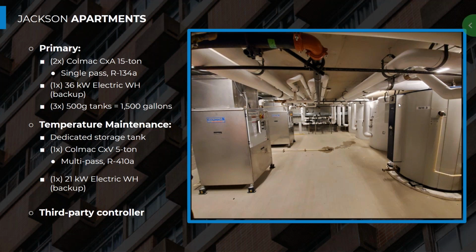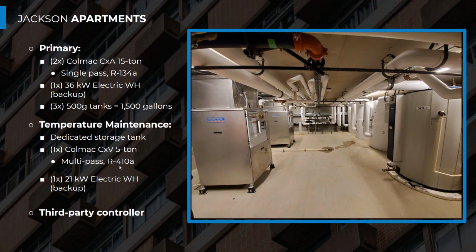And we also saw that the 410A CXV had a manufacturing issue with the evaporator in that unit, which caused the unit to fail completely. And so we had to get that evaporator replaced.